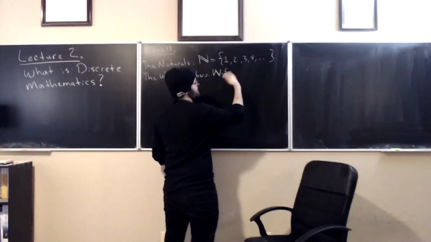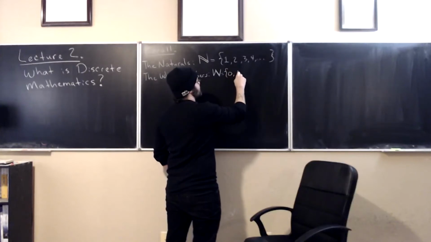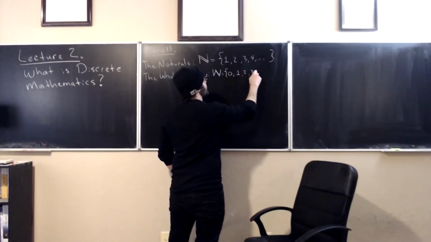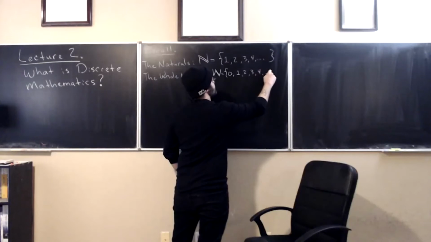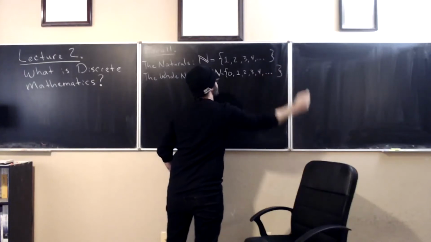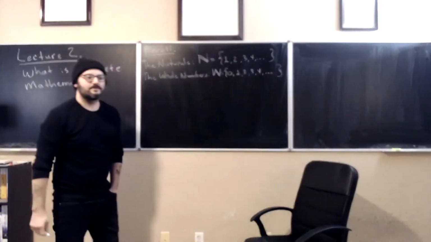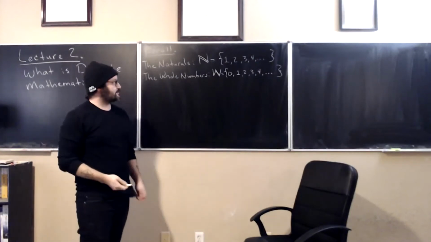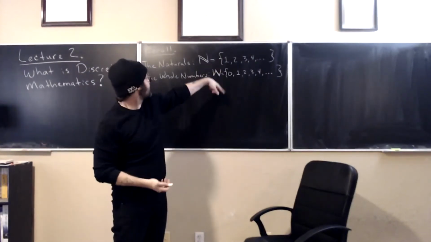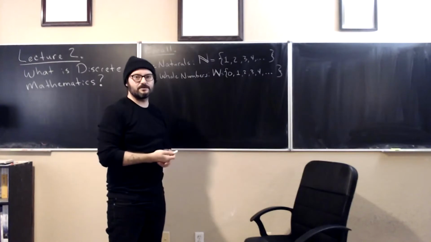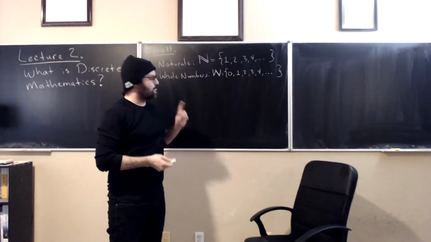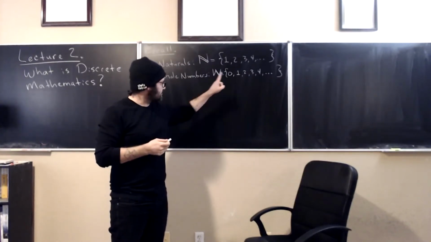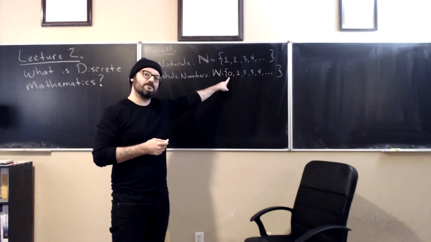And this is the set of all numbers 0, 1, 2, 3, 4, dot, dot, dot, off to infinity. Okay. Now this is a very similar number system to the naturals, or the counting numbers, right? With one exception, the number 0.